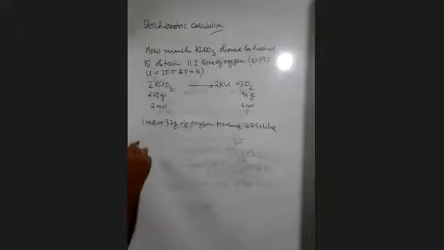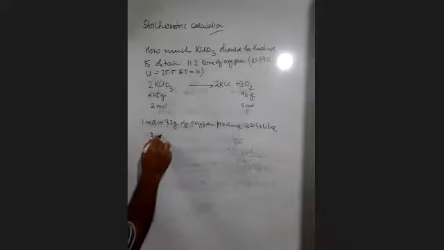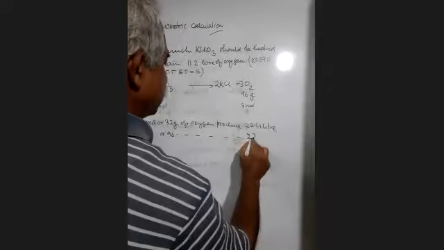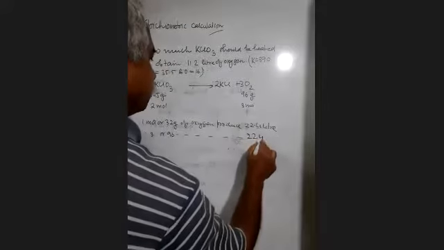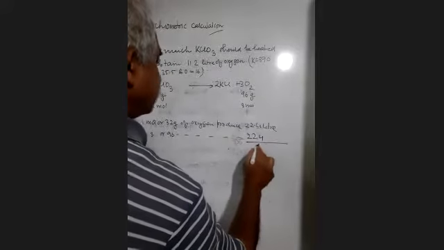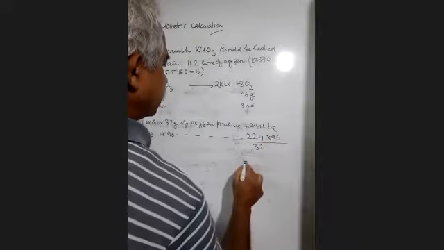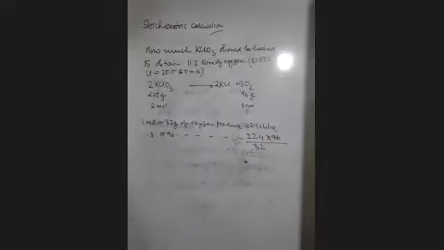Therefore, 3 mole or 96 gram will contain how much here? It will be 22.4 divided by 32 into 96. So how much does it come? 67.2 liter or not?